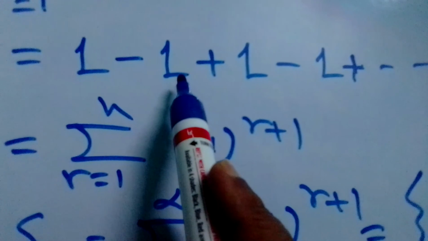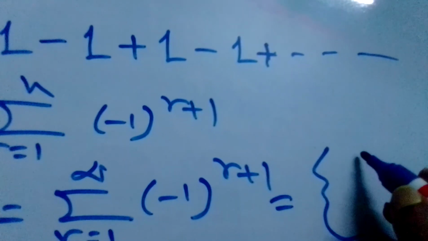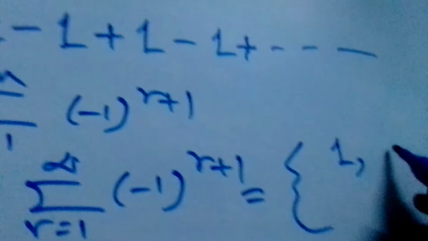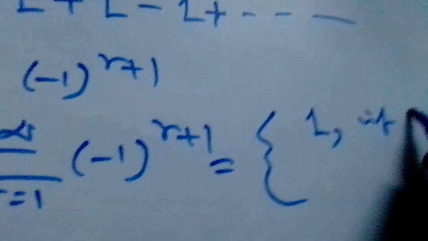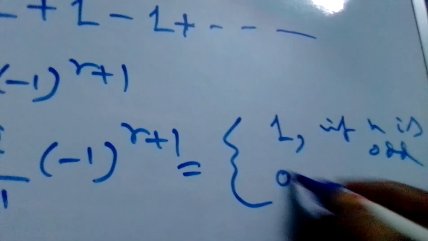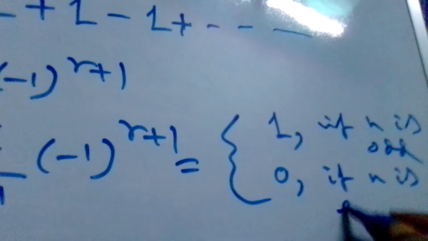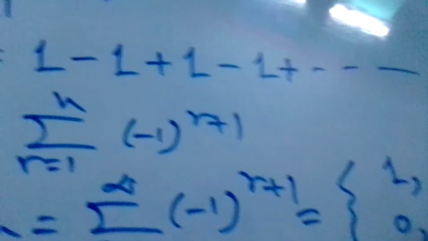If n is even, obviously it will be 0, and if n is odd, it is 1. So that is the case of oscillation.